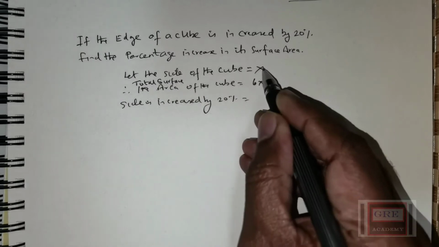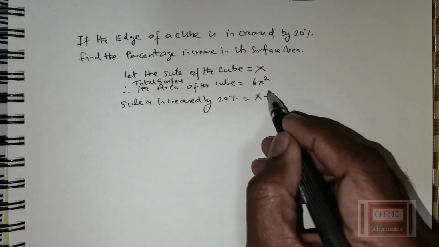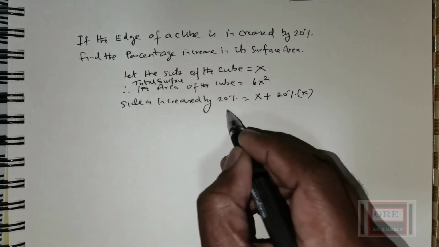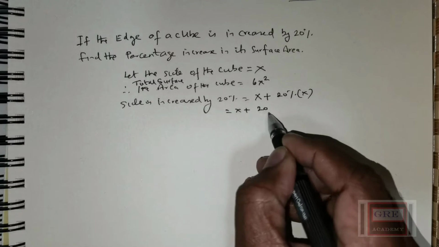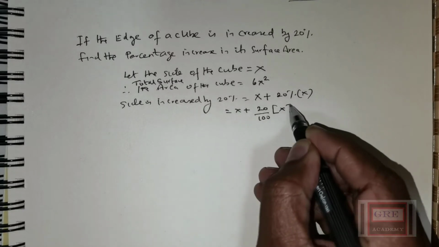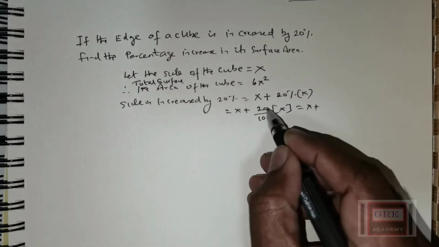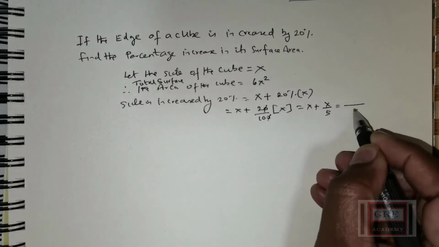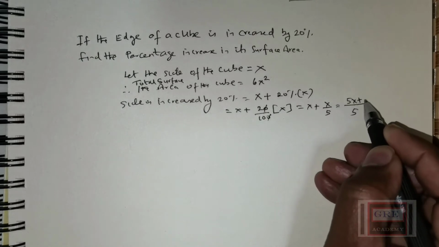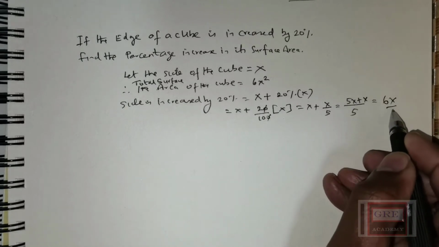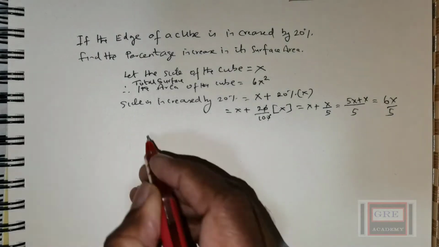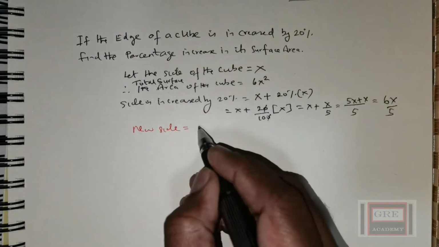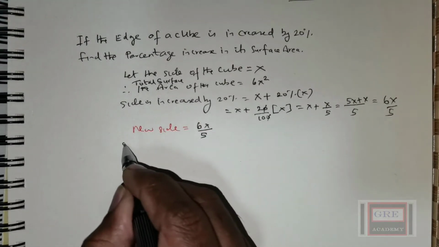So this means the original side plus 20% increase, which can be rewritten as x plus 20 divided by 100 of x, which is x plus, you can cancel the 0, so that's going to be x over 5. Taking 5 as the LCM would give us 5x plus x, which is equal to 6x divided by 5. So the new side is going to be equal to 6x divided by 5.